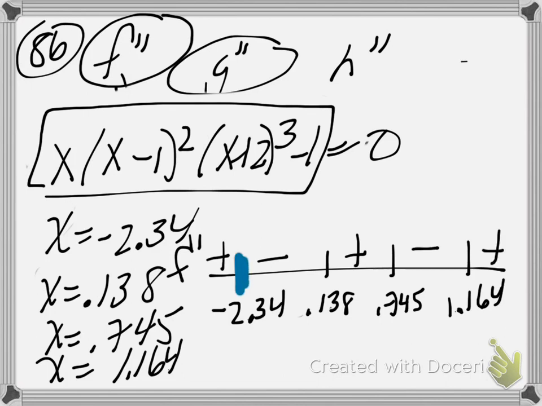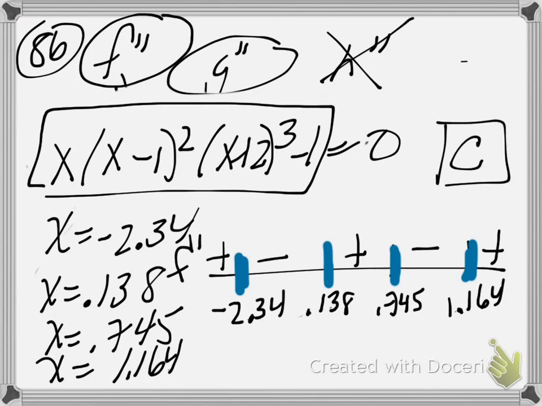Okay, so there's a sign change here, sign change here, sign change here, and sign change there. So there's 4 sign changes, which means 4 points of inflection. And we're looking for functions that will give us 2 points of inflection, so it cannot be H. So the answer that has F and G only is choice C.